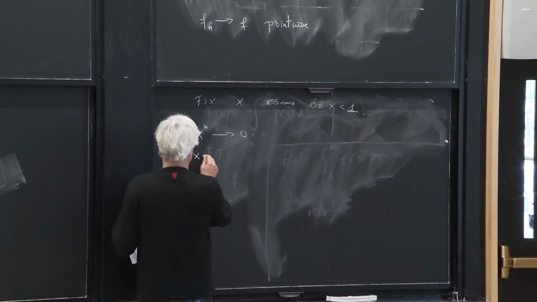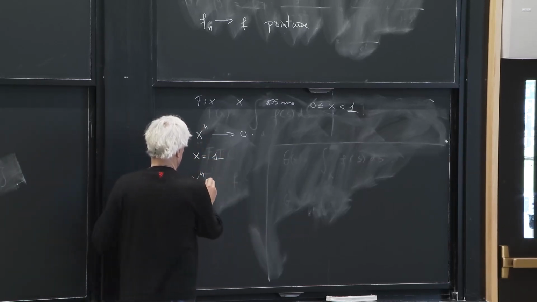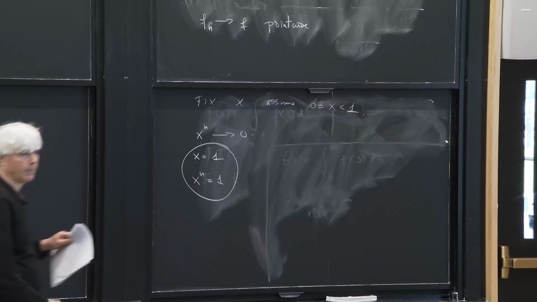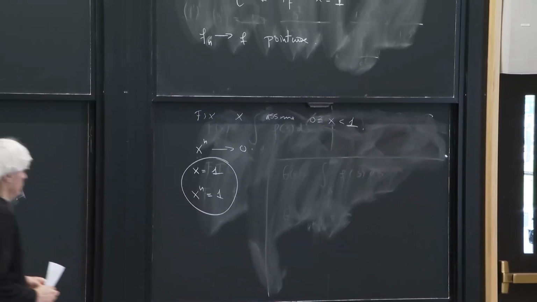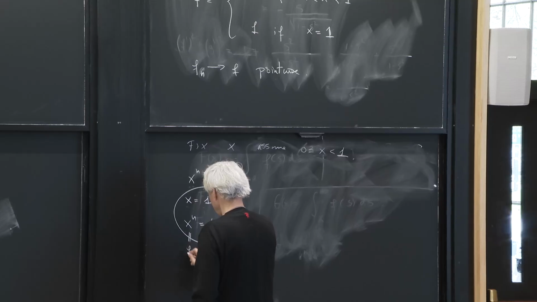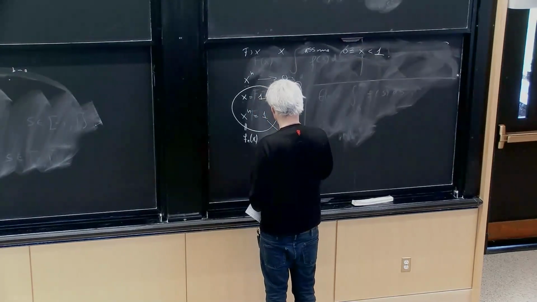If x here is fixed, but it's now 1, then x to the n, if x is 1, is still 1. Right? So you see that in this case, this here is fn of x, and this here is f of x.